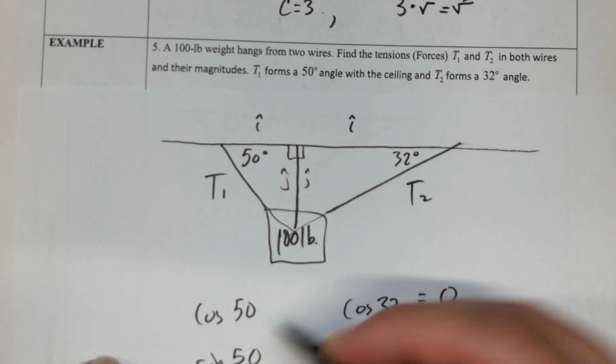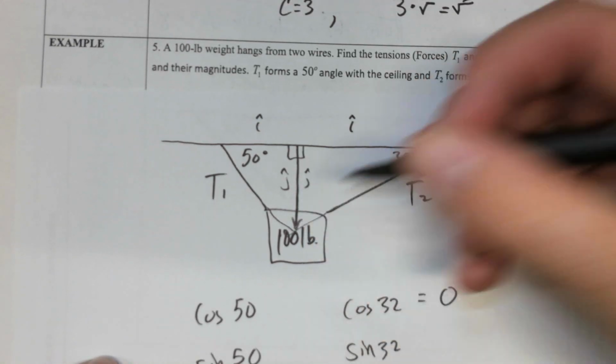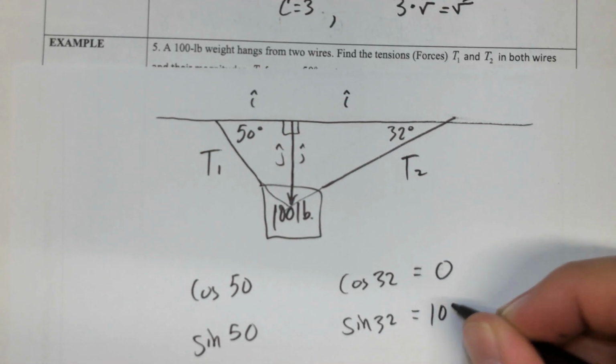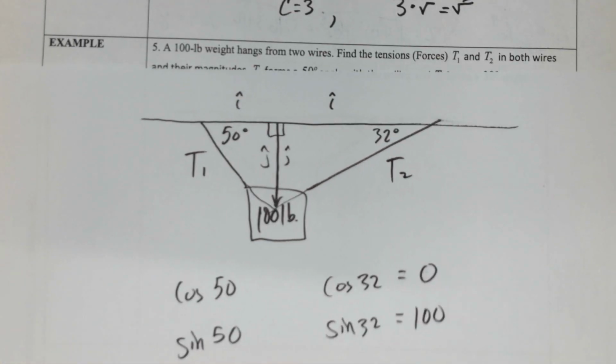Sine of 50, sine of 32. But the resultant force here is pulling down at 100. And so if I want to find these forces, it comes out of this kind of relationship.